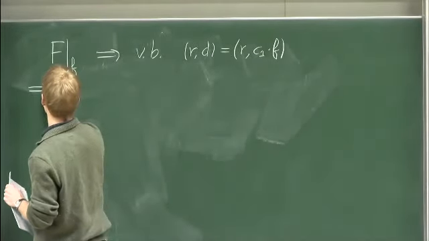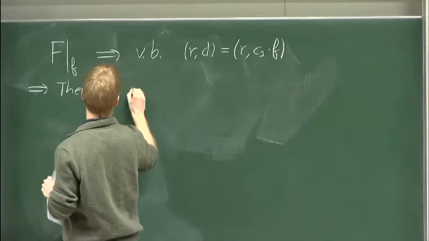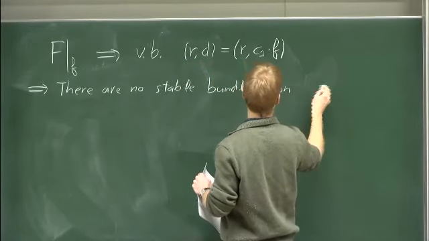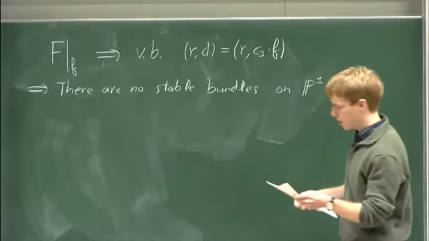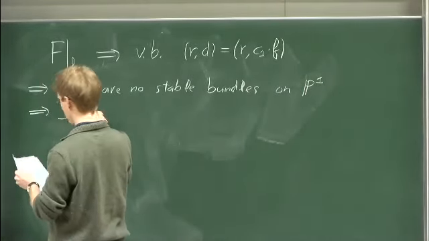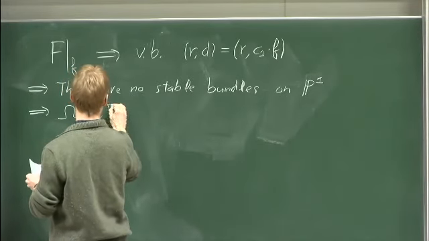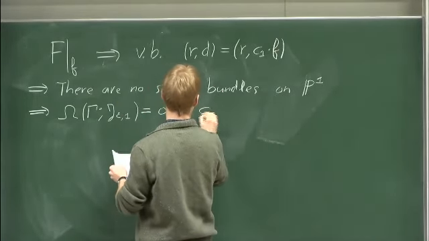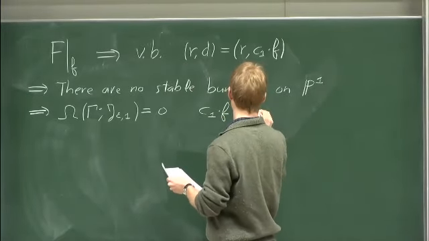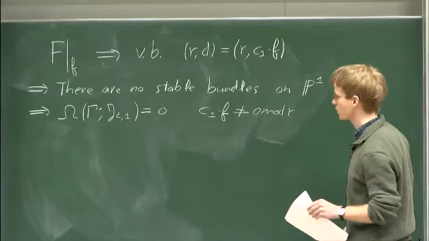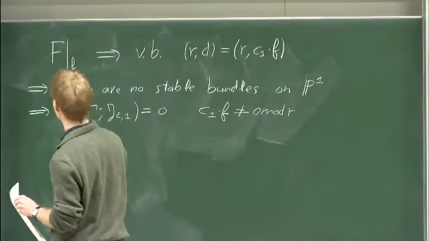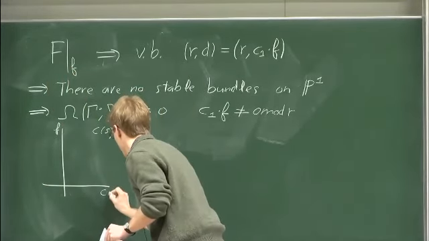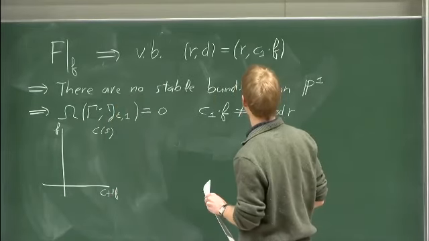Now there is an old theorem that says that there are no stable bundles on P1 unless the rank divides the degree, and this basically says that omega of gamma, J epsilon,1, I will explain this J epsilon,1 in a moment, is equal to 0 if c1 dot f is not equal to 0 modulo R. So this means, I drew the ample cone, and the vertical axis is the fiber class, and horizontally that is something like C plus l times f.